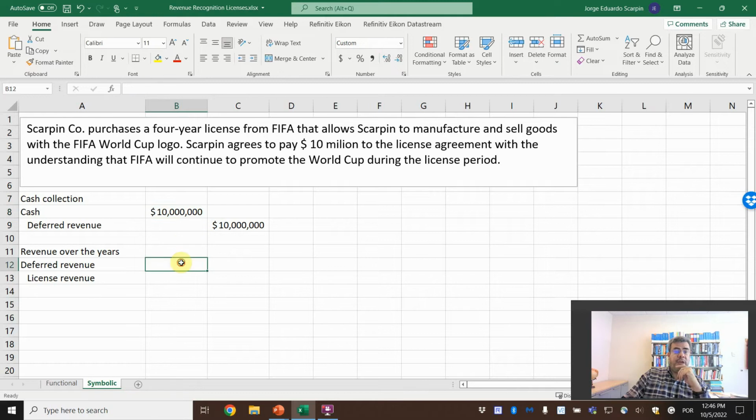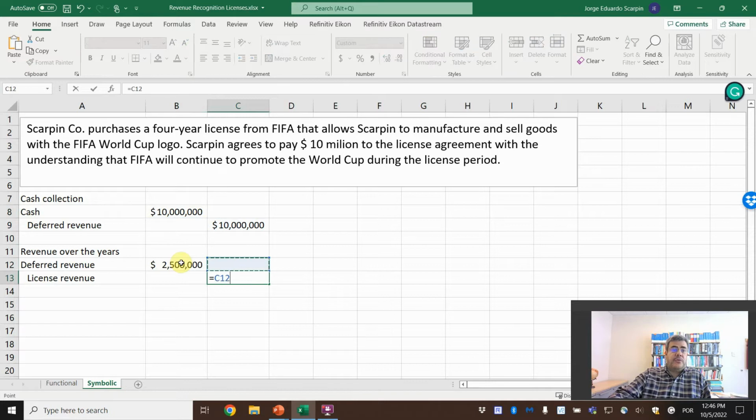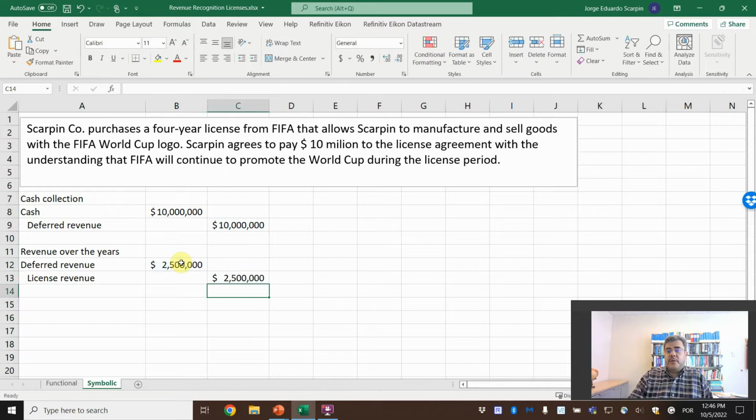So I am decreasing deferred revenue by 1/4, by 25%, and license revenue, if we are thinking about FIFA accounting, $2.5 million, or any other currency that you want. And then after the 4th year, deferred revenue will be closed.